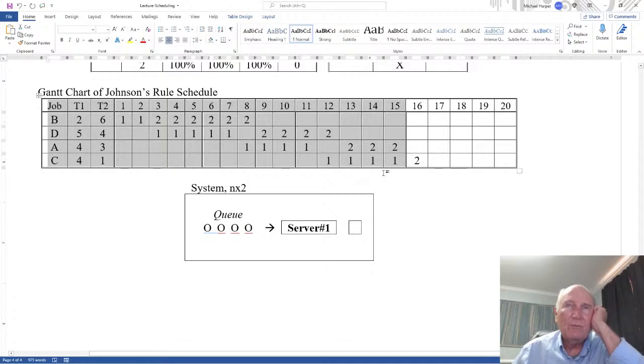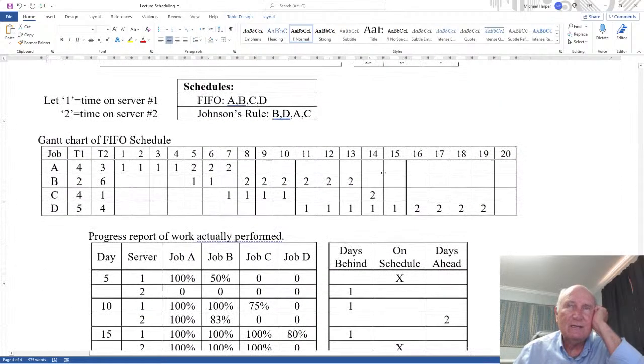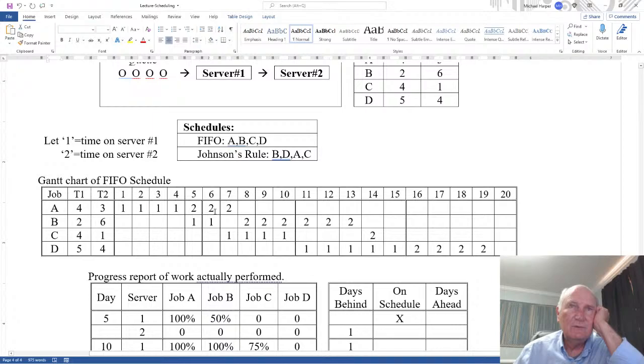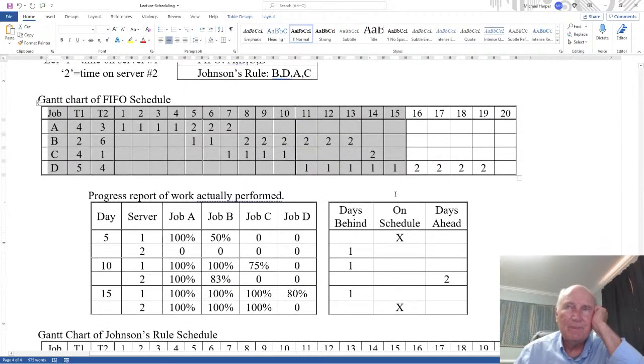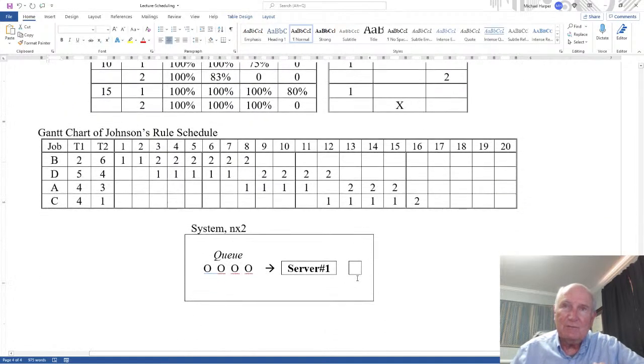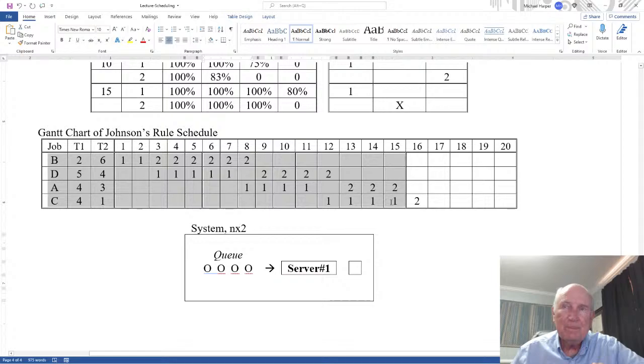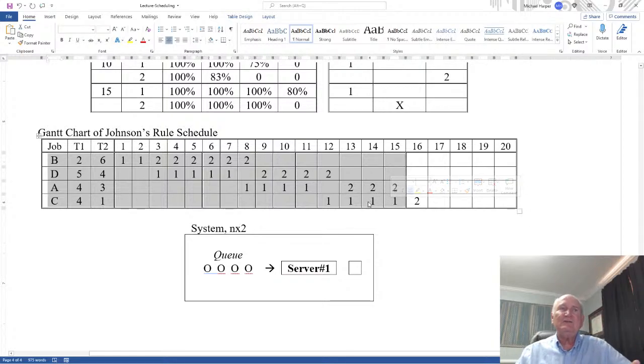Okay, well, how long does it take FIFO? Well, here's the first one, here's the second one, here's the third one, here's the fourth one. It also takes 15 days. It's the same. Will it always be the same? The answer is yes. Because if you eliminate the second server, this is an n/1 system, and the total processing time is independent of the schedule.